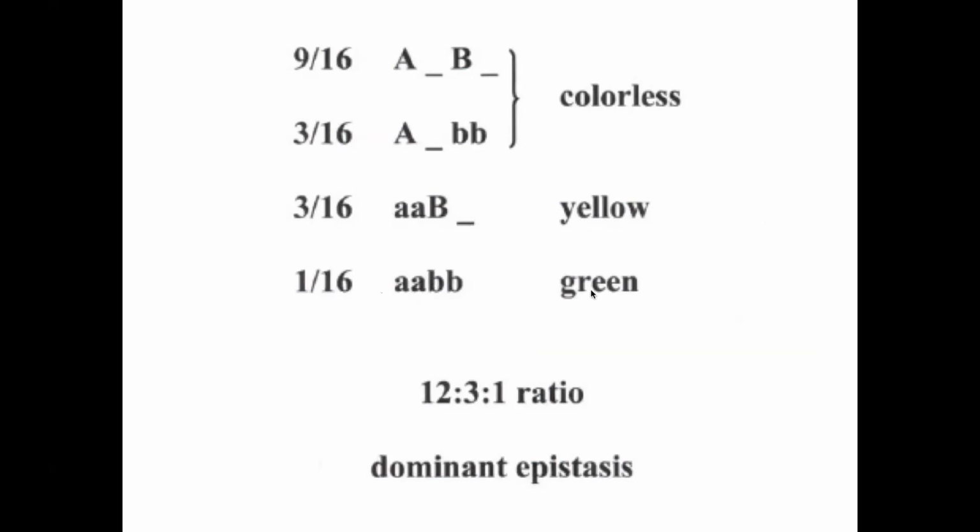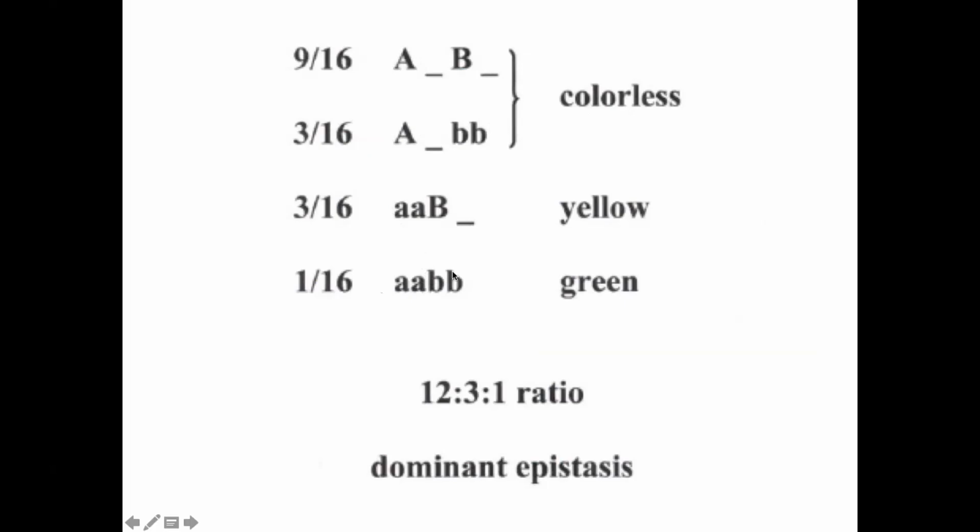So what would be the nature of the epistatic interaction here? It looks to me like a dominant allele at the A gene is acting epistatically on the B gene. So it's only when you're homozygous recessive at A that you can actually get a colored fruit, and then the color is determined by the B gene.